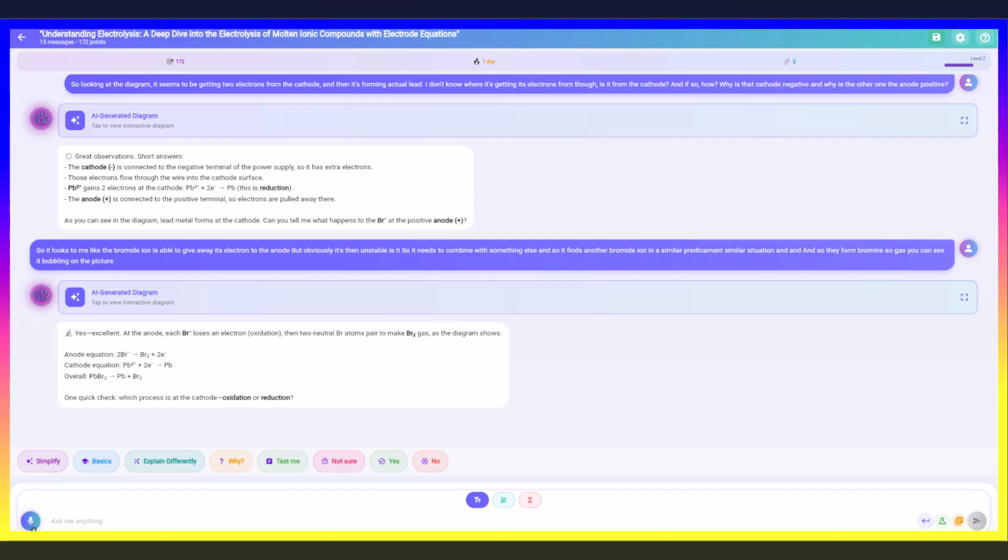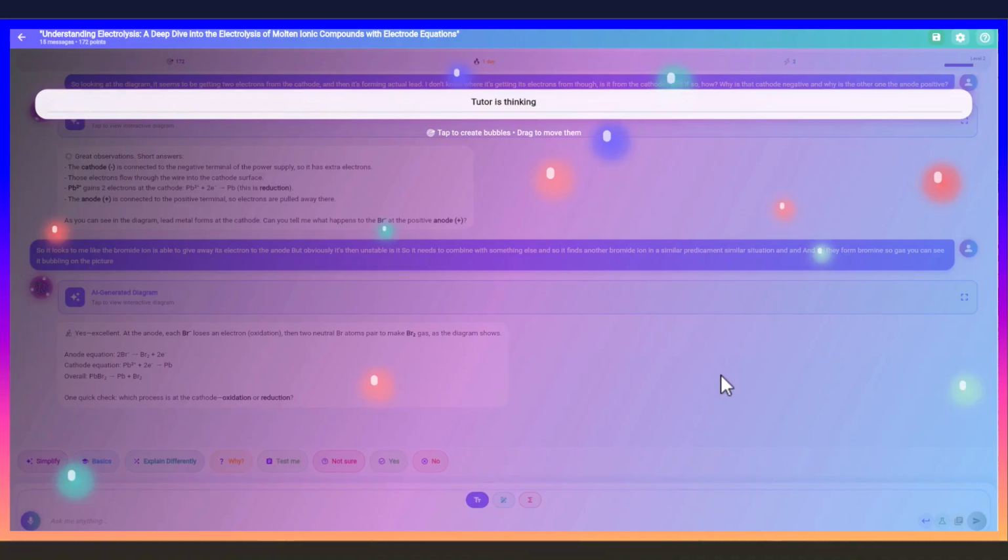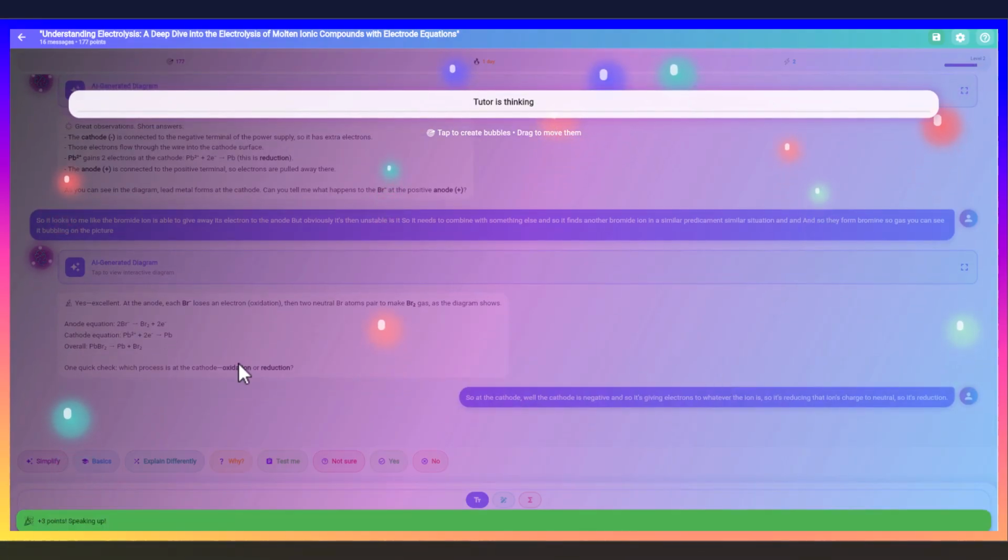Let's answer that. So at the cathode, the cathode is negative, and so it's giving electrons to whatever the ion is. So it's reducing that ion's charge to neutral, so it's reduction. Let's see what it makes of that answer.